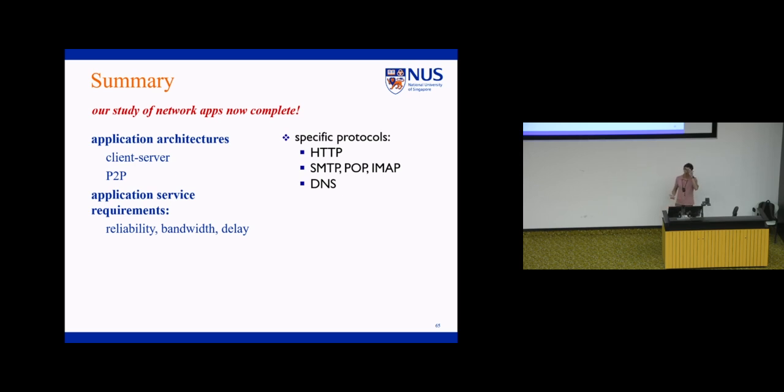We learned about certain popular application layer protocols, like the web's application layer protocol, HTTP, and the mail transfer protocol, Simple Mail Transfer Protocol, and because it is a push protocol, we also use POP and IMAP to pull from the mail servers. We learned about web caching, web cookies, and we also just learned about DNS.